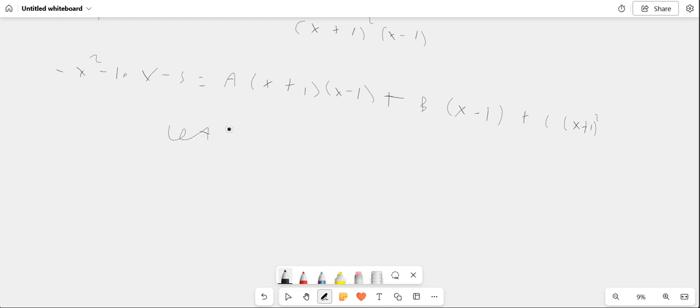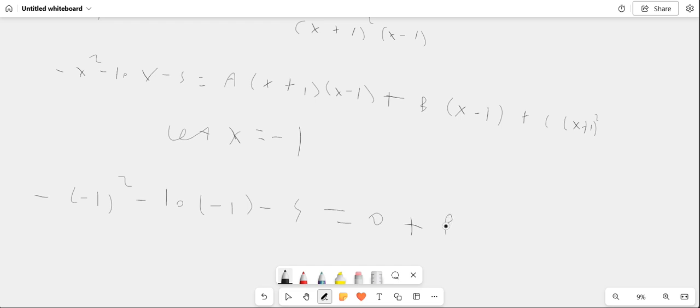Alright, we're gonna let x equal to minus 1, yeah? That's to eliminate the x plus 1 bracket, yeah? So minus 1 squared minus 10 open bracket minus 1 minus 5, yeah? Is equal to, that has the x plus 1 bracket, so that's going to become 0, so just 0 right straight up, yeah? B has the x minus 1 here, so therefore it's not gonna be affected there in the same sort of way.